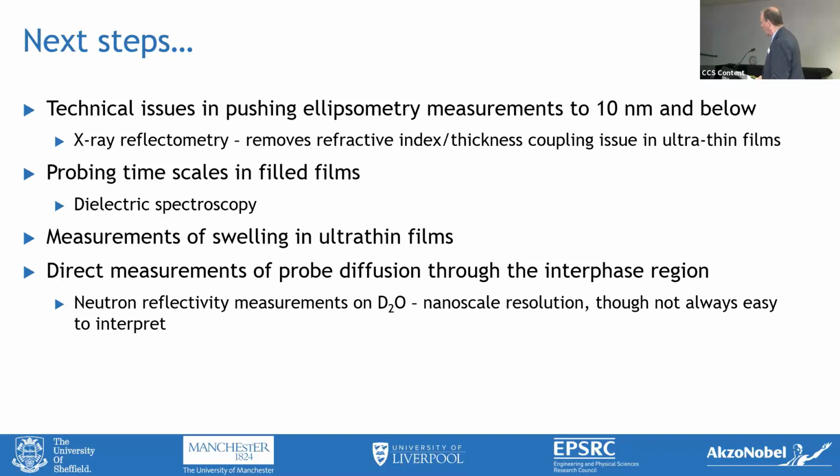And ultimately, one wants to say Tg is a slightly indirect probe of mobility. We're interested in mobility because it affects diffusion. At some point, we want to tie this all together by directly measuring probe diffusion through that interface region. We can do that, and we have preliminary experiments using neutron reflectivity, using D2O.